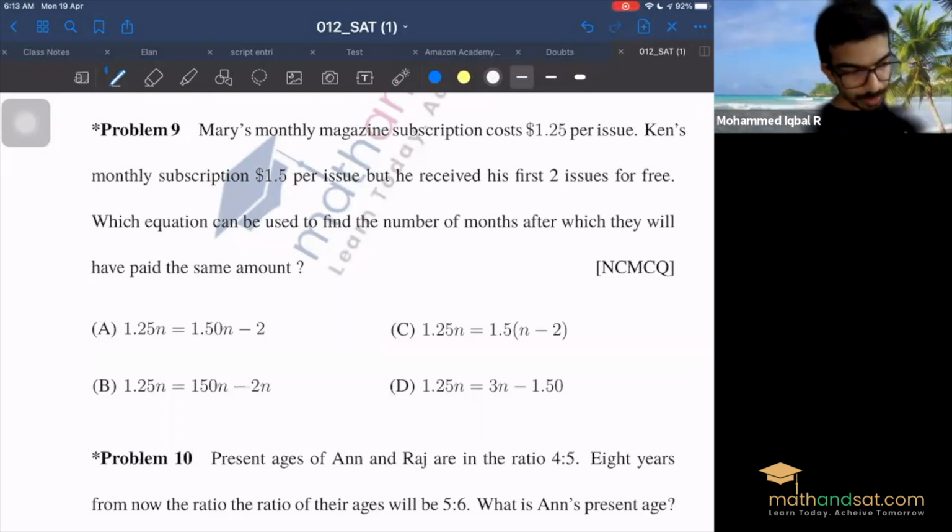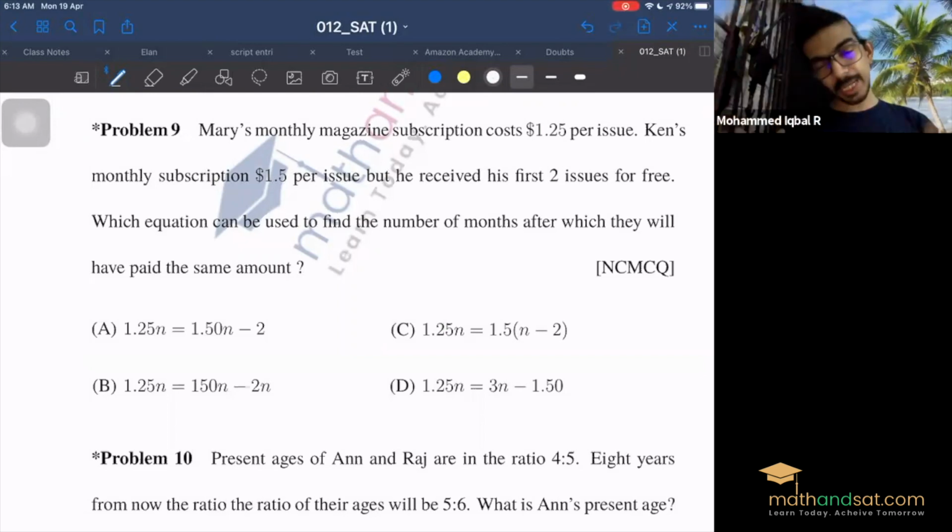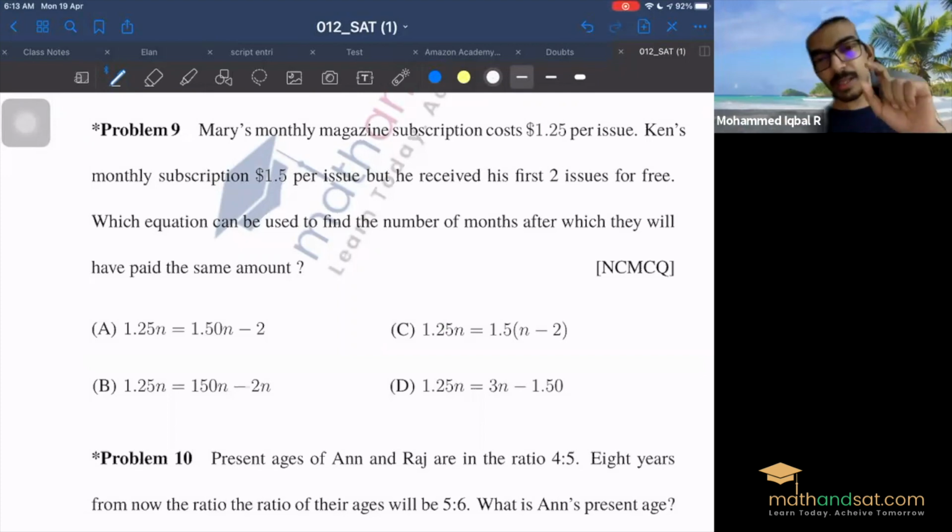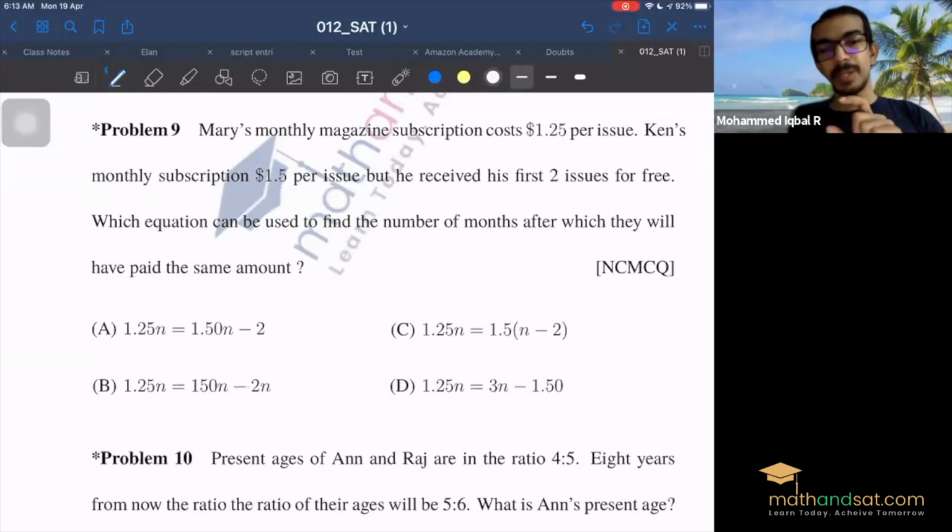Sometimes the problem looks very lengthy, and may run into paragraphs. It may look intimidating, but actually the mathematical essence, the concept involved in the problem, will be very simple.